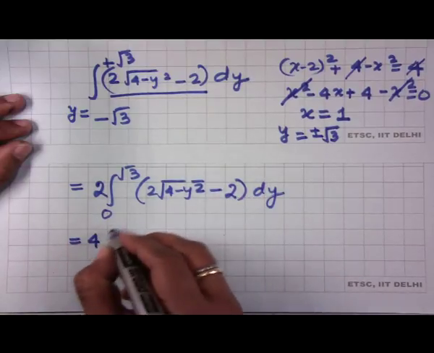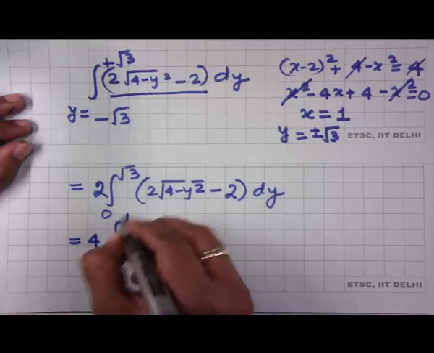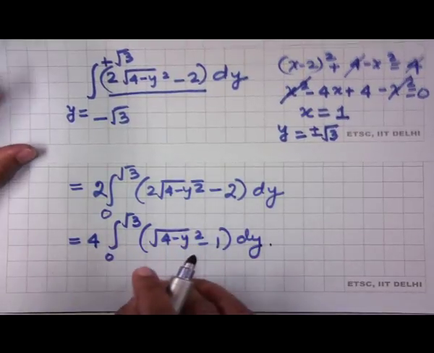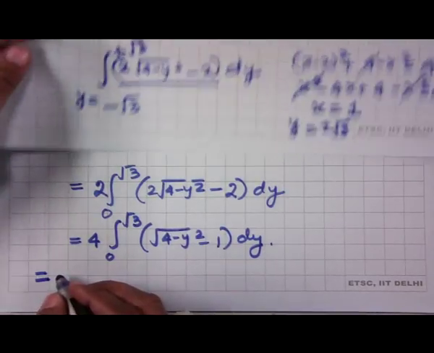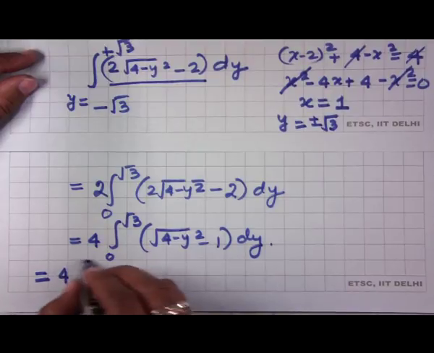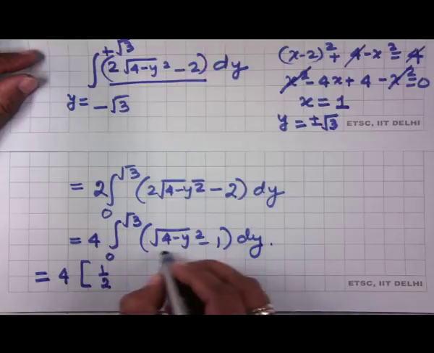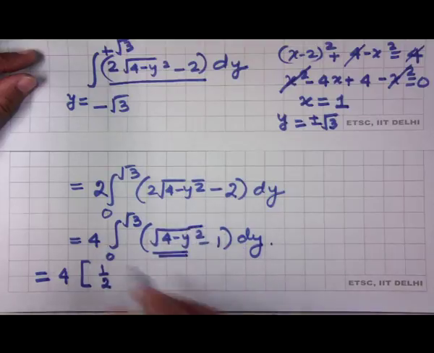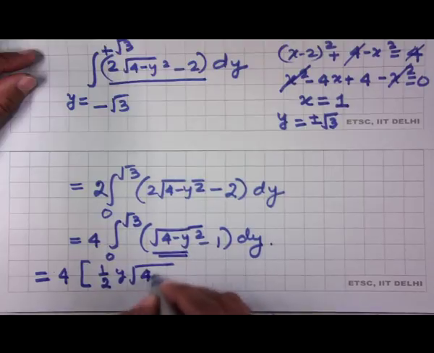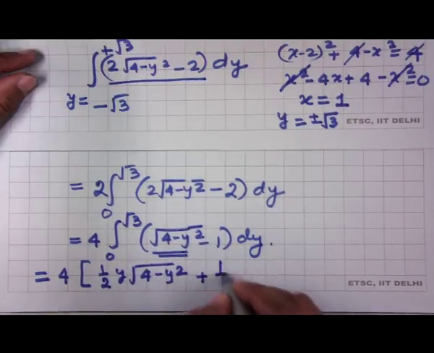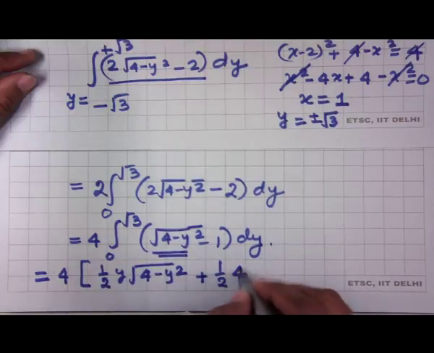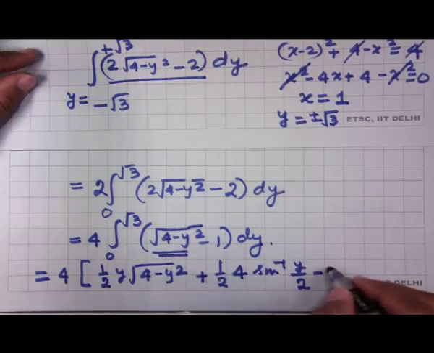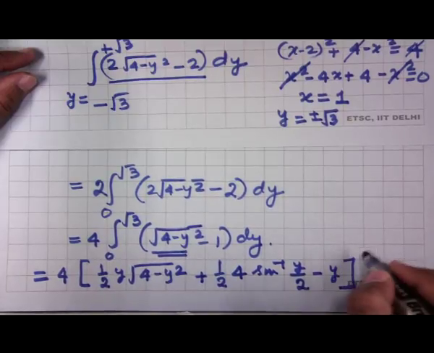So, this is equal to 4 times the integral 0 to root 3 of under root 4 minus y square dy, which will be, one by 2 of y under root a square minus y square plus a square by 2 sine inverse y by a, 0 to root 3.